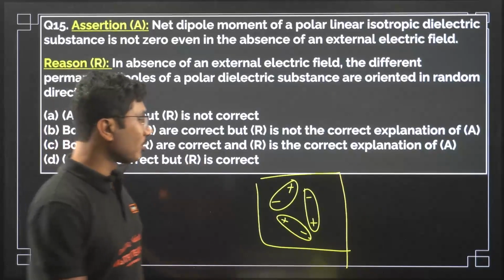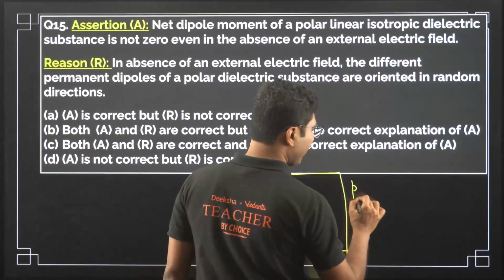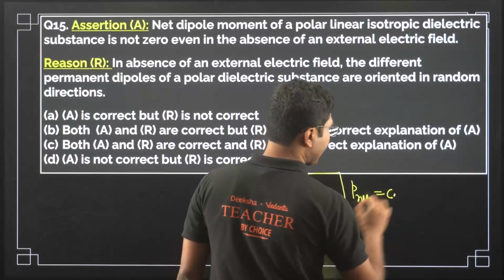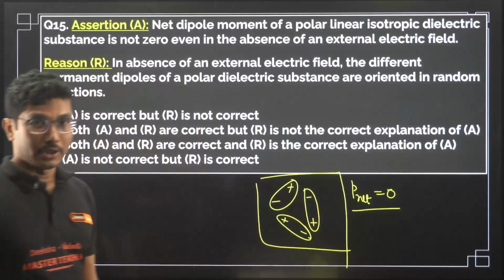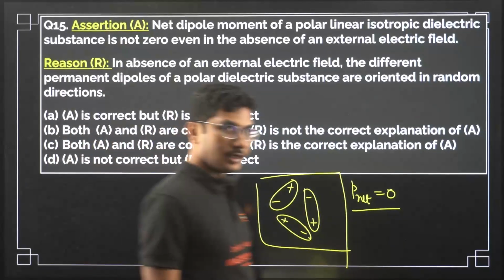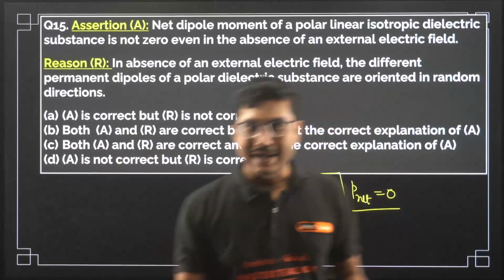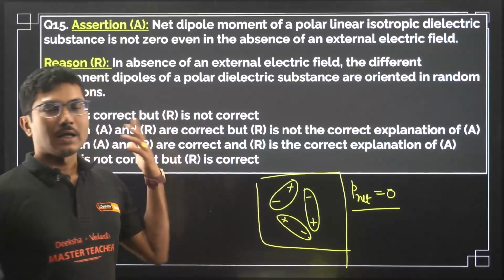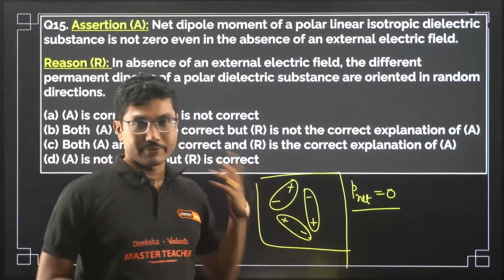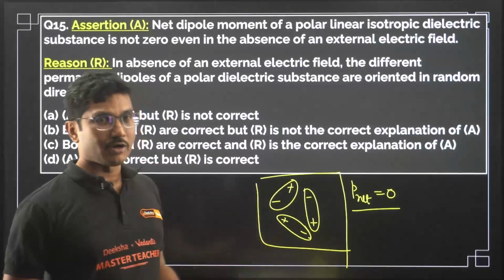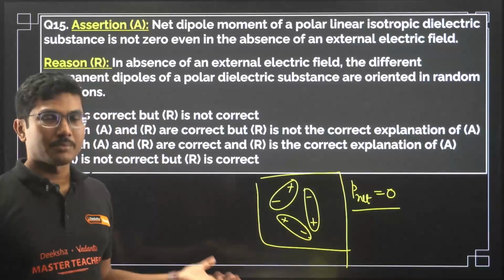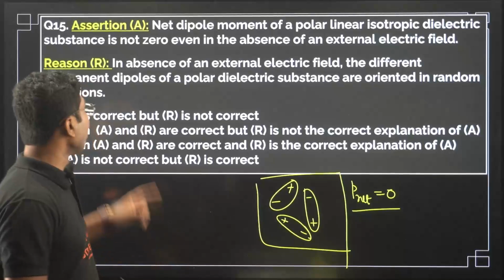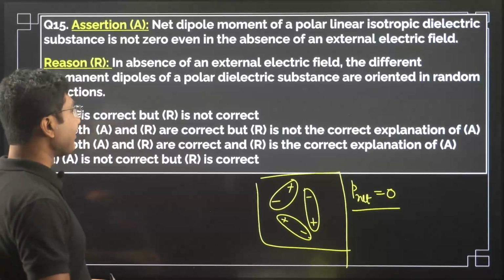So the net dipole moment is 0, no matter polar or non-polar, in the absence of an electric field, because they are randomly arranged, and when plus and minus are both involved, the addition of random numbers will be 0. This is a mathematical identity. I am not going to do that.